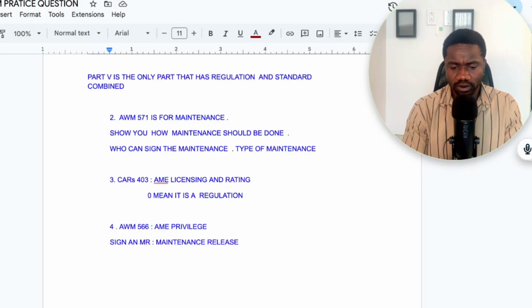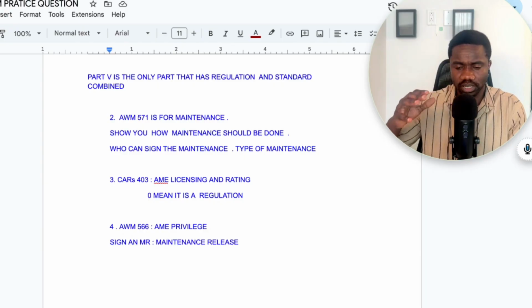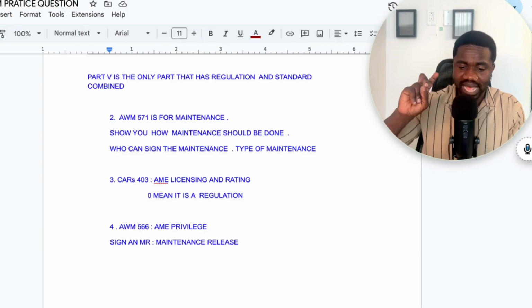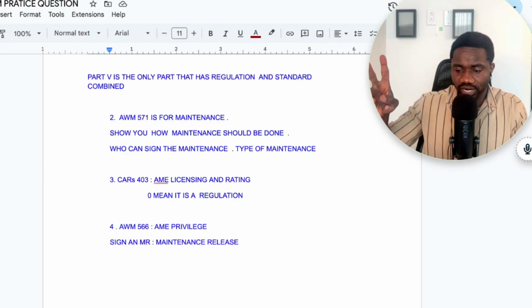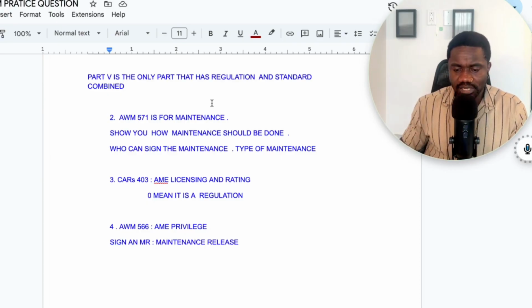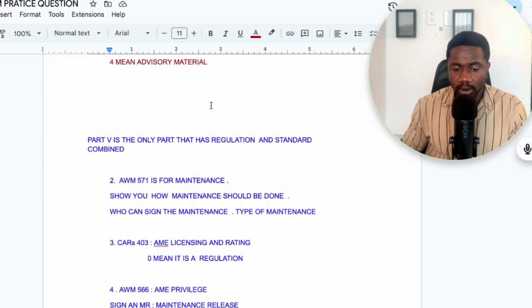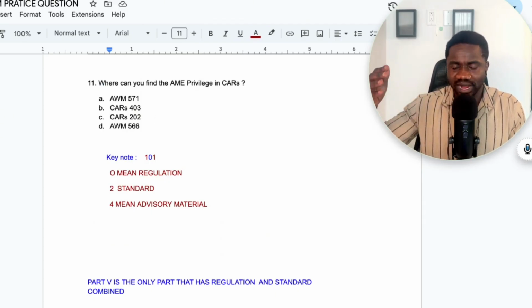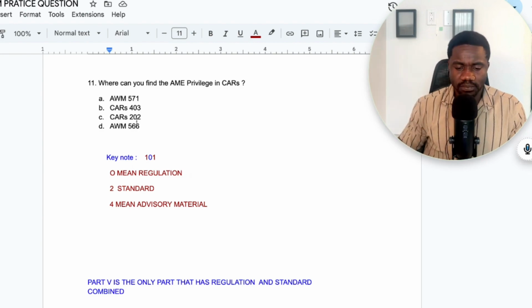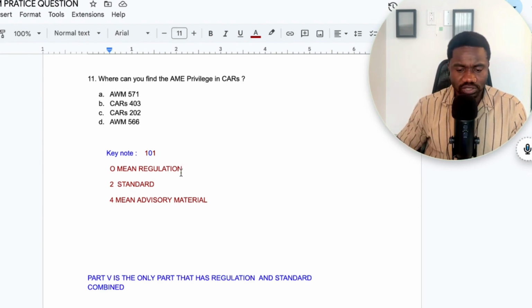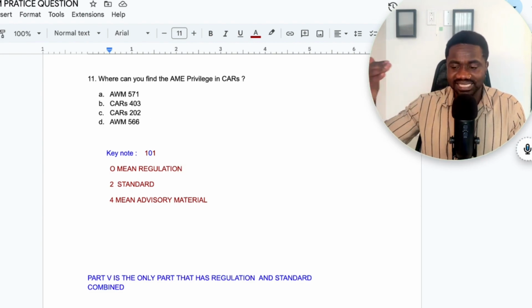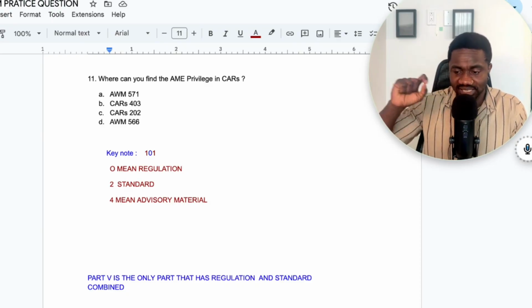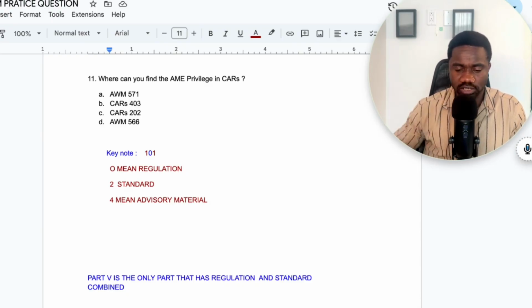CARs Part 5 is the only part that has the combination of regulation and standard. That means in CARs Part 5, you're going to find something like 505, and something like 52-something, and also in CARs 5, you're going to see numbers like 6 and 7. That means it's a standard, and that is only for CARs 5.